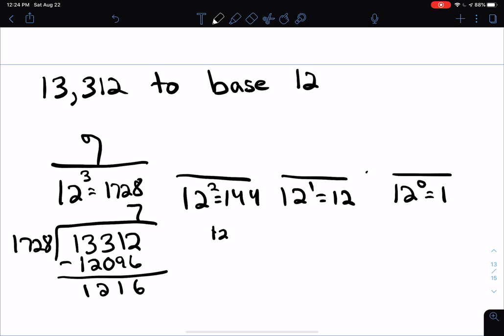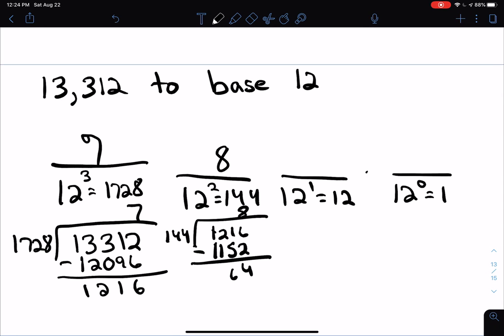Then we're going to take 1216 divided by 144. And I get 8. Sorry, squeezing that in there. Not always the best judge of space. 144 times 8 is 1152. Remainder 64. So put an 8 there. We've got 64 divided by 12.